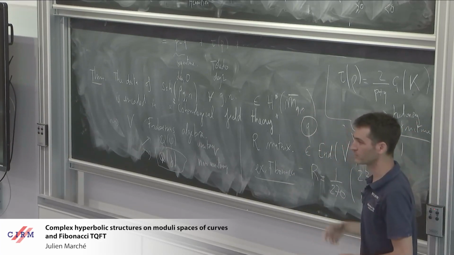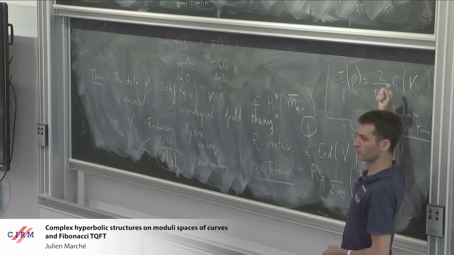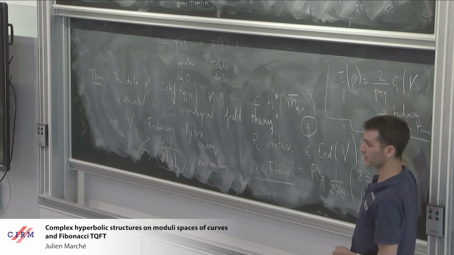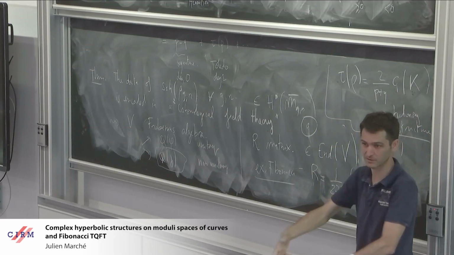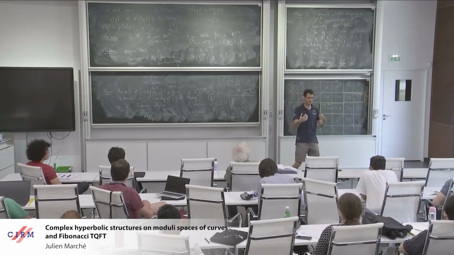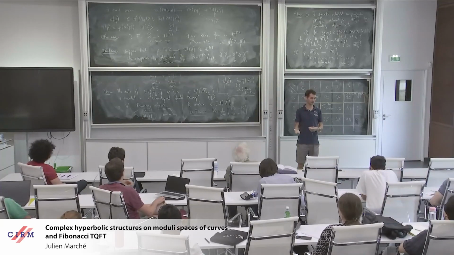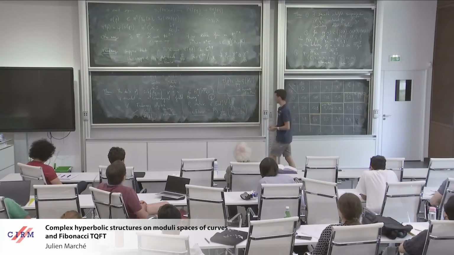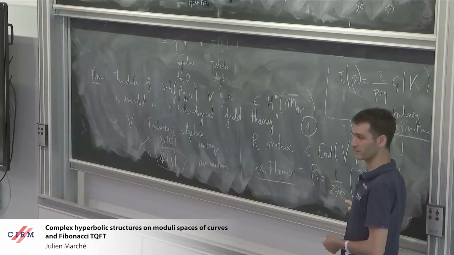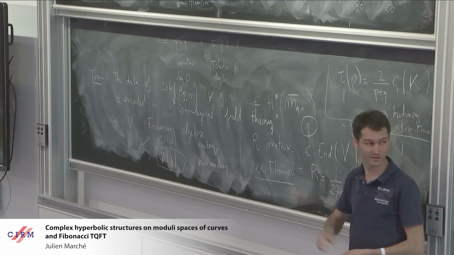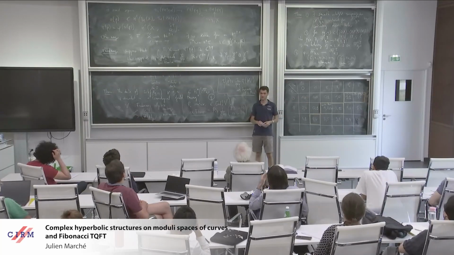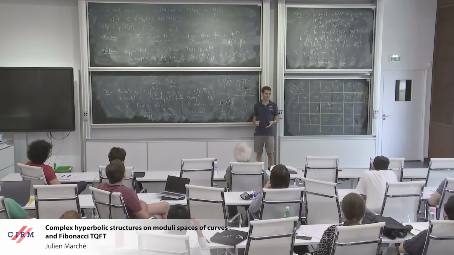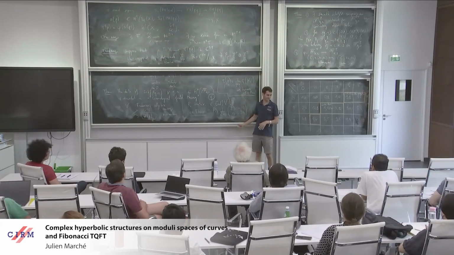So at some point you need to compare the Toledo invariant to the canonical bundle of M_{g,n} bar, and if you can prove that this formula holds, then you have this. Finally everything reduces to a comparison of two classes in H2 of M_{g,n} bar. And as we have this strange formula here, we can do the computation and check that it works in all these five cases. So that's the strategy. It's computation. I don't have more than this to say, so let me stop now. I'm out of time.